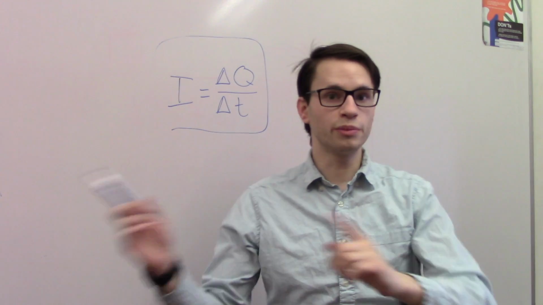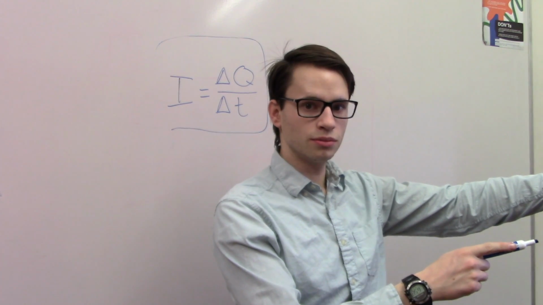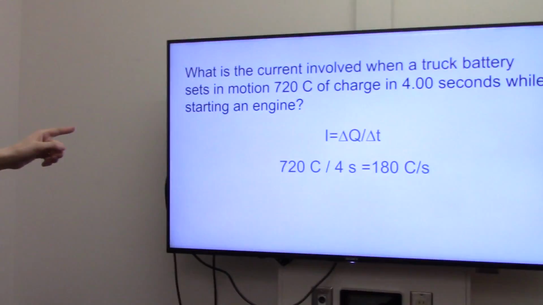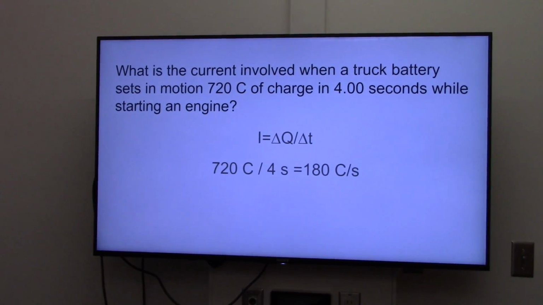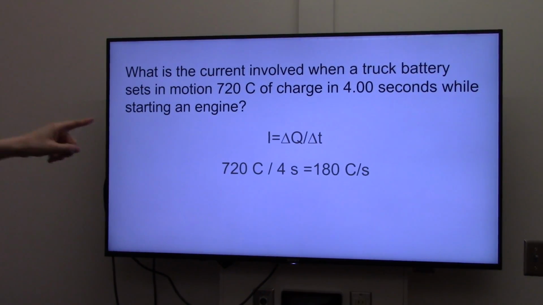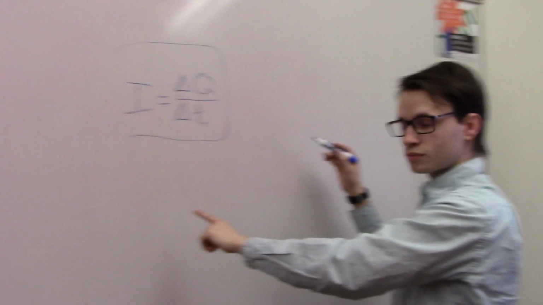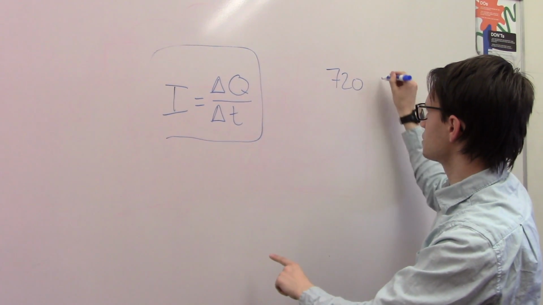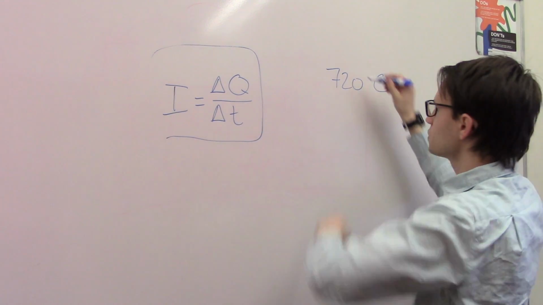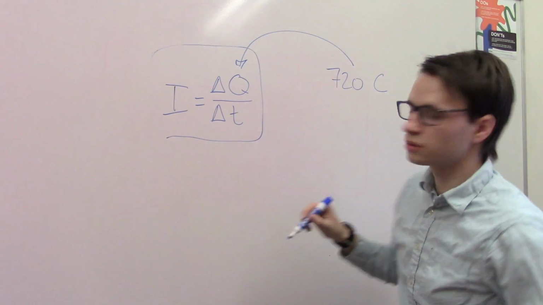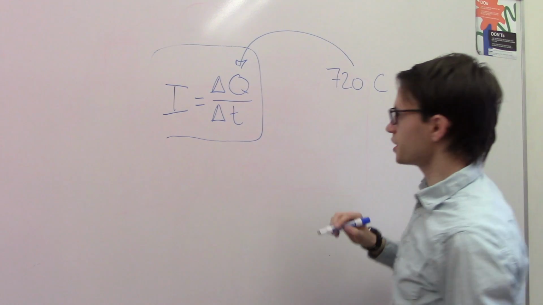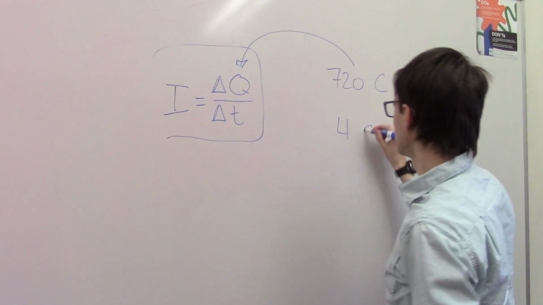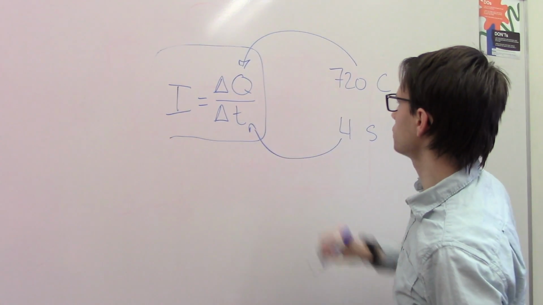And so looking back to our problem, we can see that we have 720 coulombs, which would go here, and then 4 seconds, which would go there.